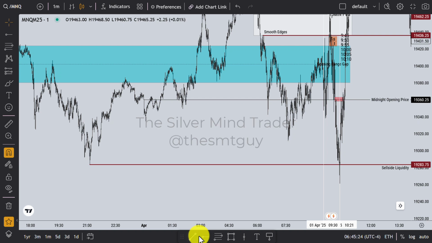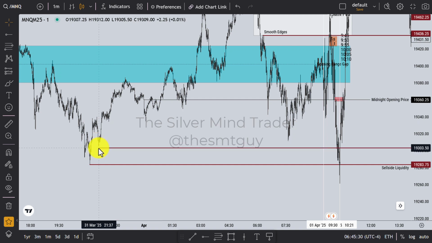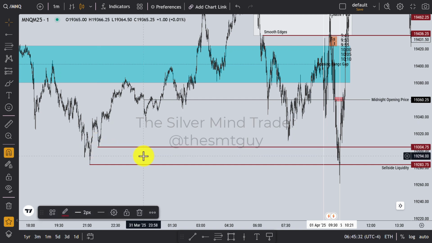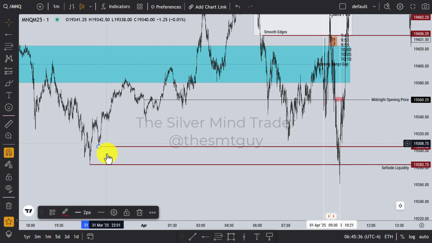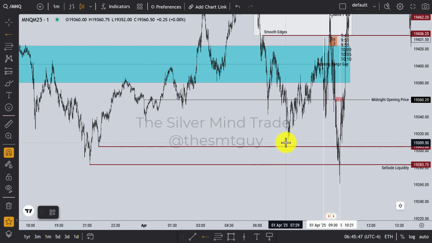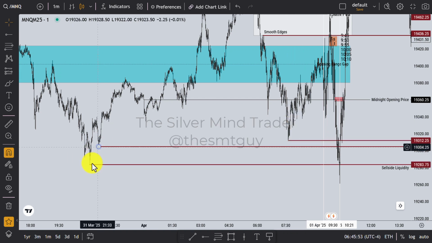And if you look here, this is a low. This is a low. So if it comes for this low, definitely you should want to go further because there is more liquidity below here.